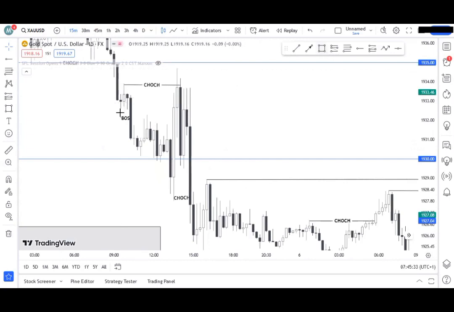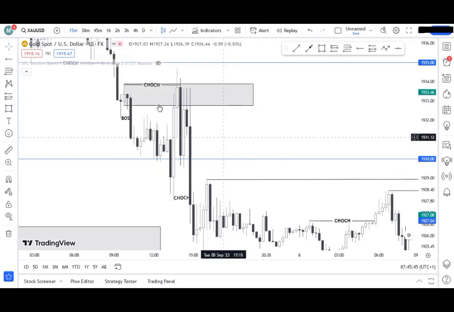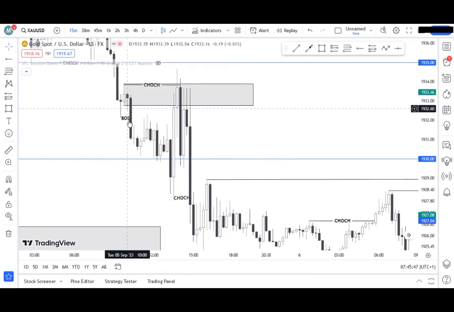Then see right here, move, that is the order block. Now there's a fair value gap here around that side.